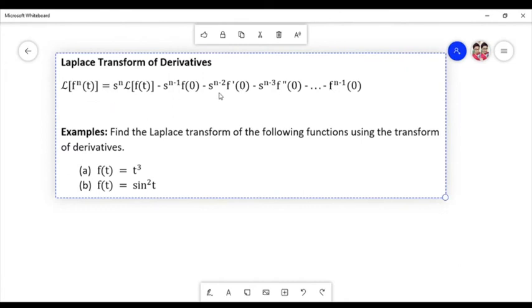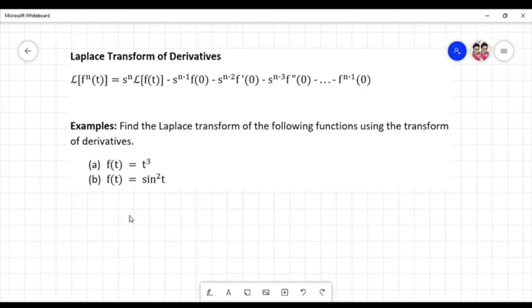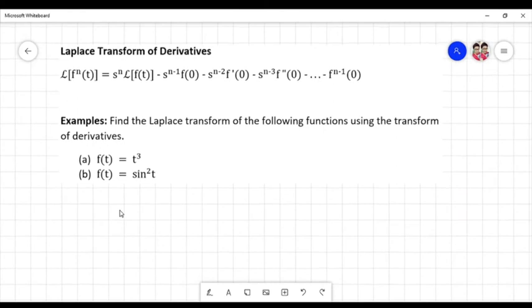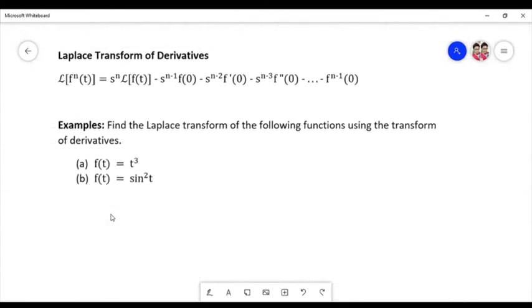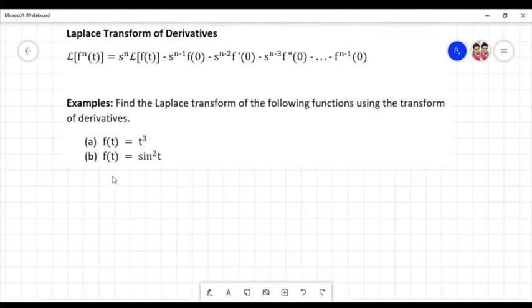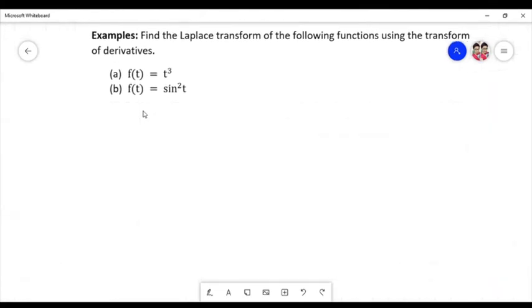Let's solve some examples using the Laplace transform of the derivatives. First example: find the Laplace transform of the following functions using the transform of the derivatives.